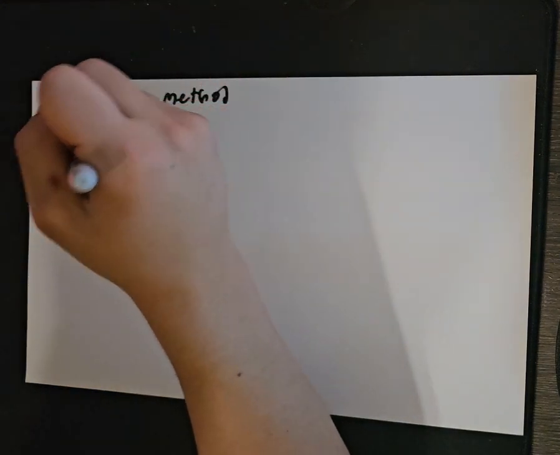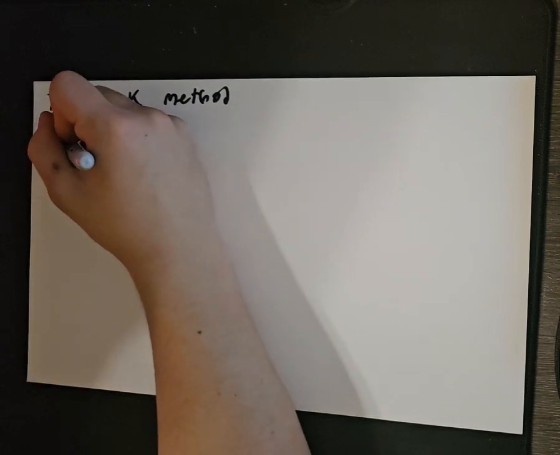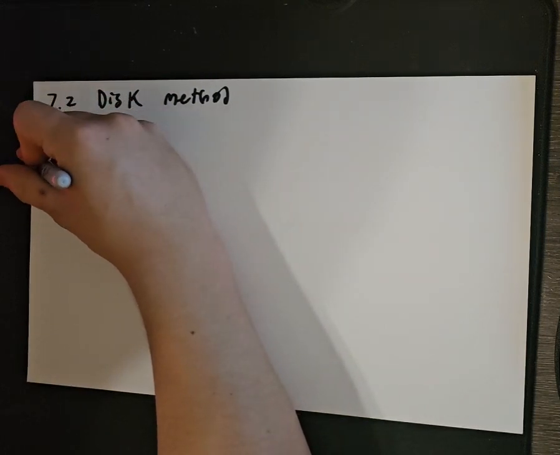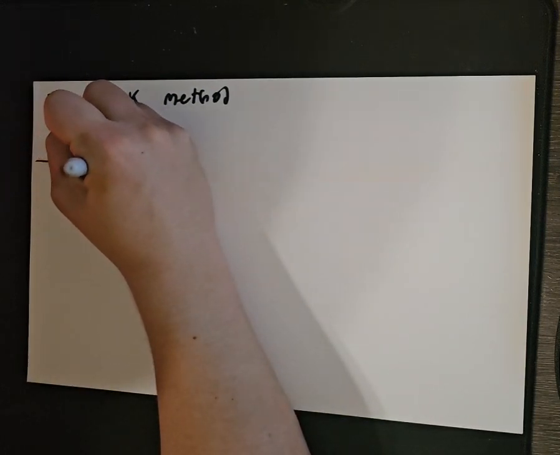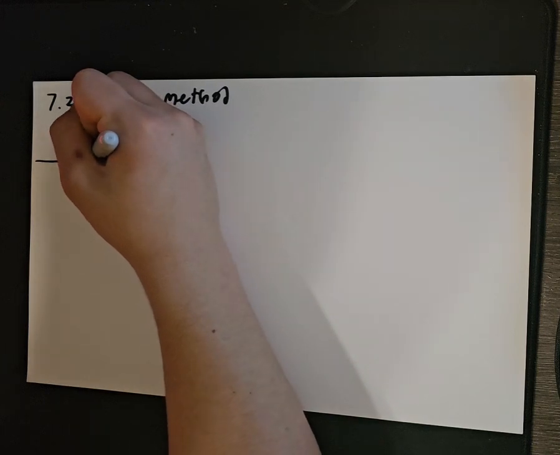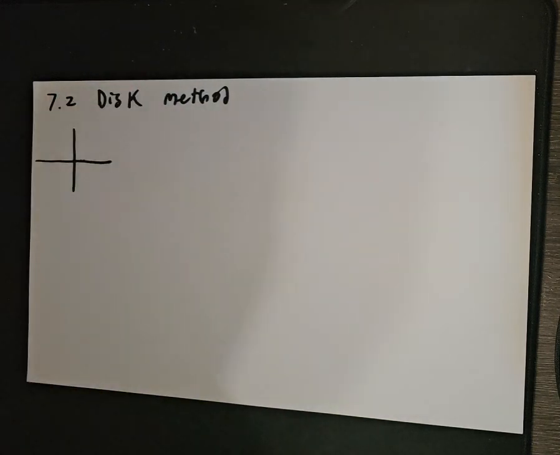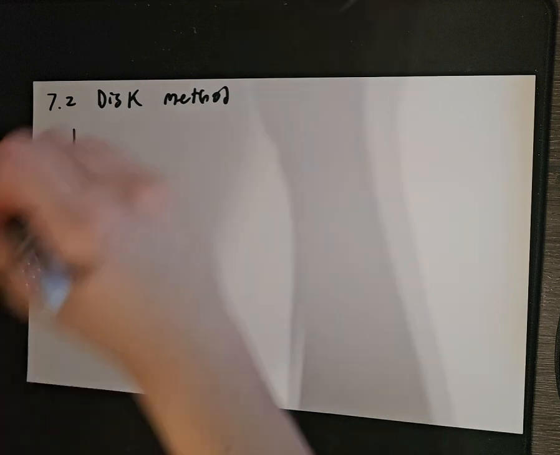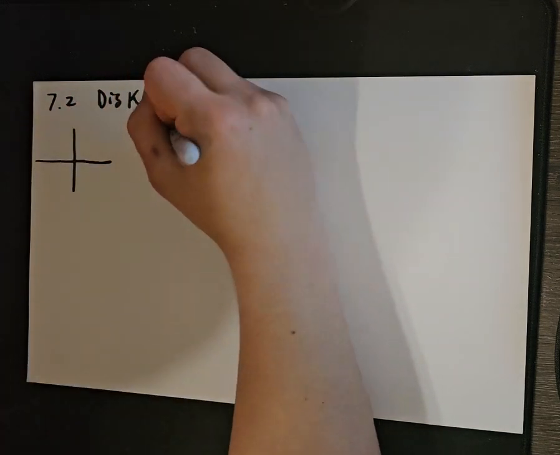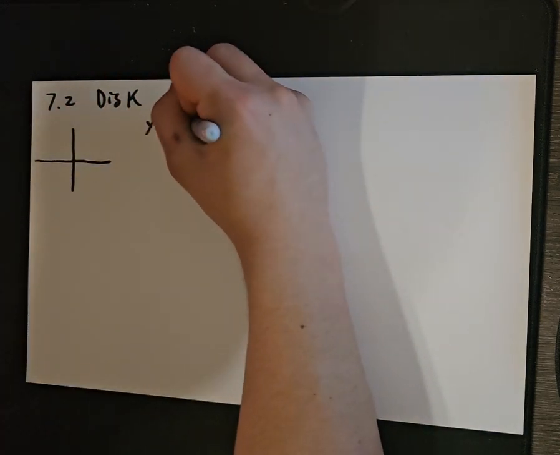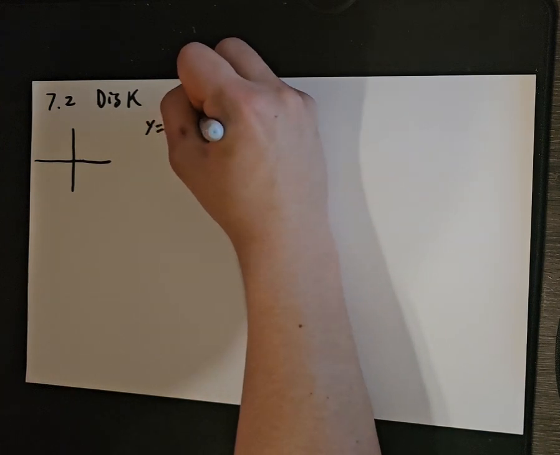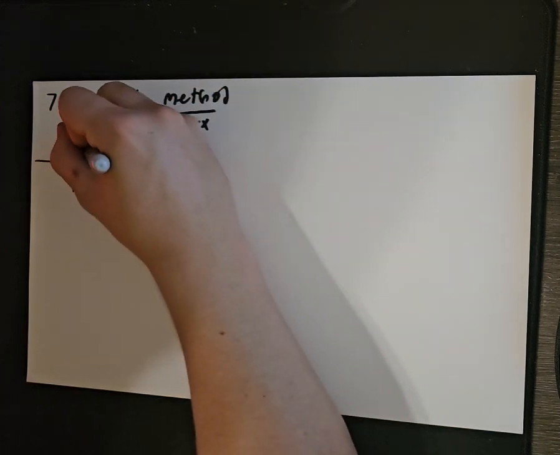Now, with the disk method, you want to imagine that you have a function, and that function is part of a solid, and you're rotating the solid about an axis. So, for example, the equation y equals the square root of 4 minus x, something like this.